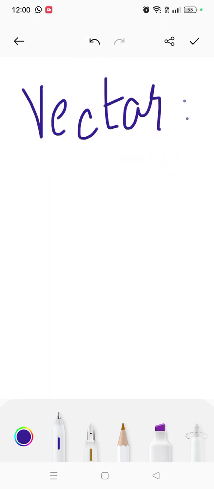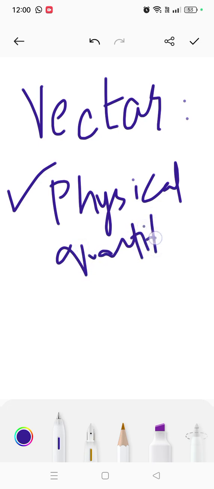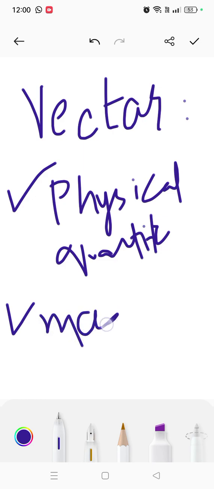For scalar we have very simple rules. Vectors are also physical quantities, of course. And the main difference between scalar and vector is that vectors have magnitude plus direction, whereas scalars only have magnitude. And in vector we have many representations.